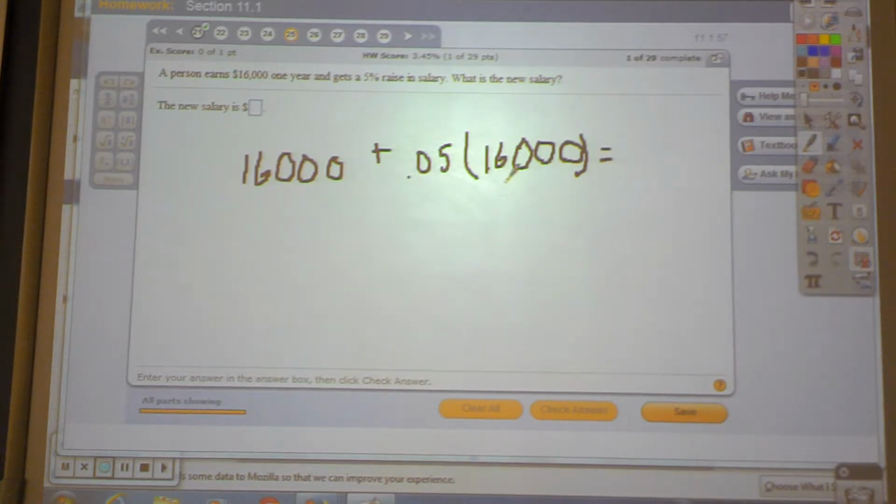Well, that's easy to calculate because 10% of 16,000 would be 1,600. So what would 5% of 16,000 be? 800. So 16,800 should be your answer.